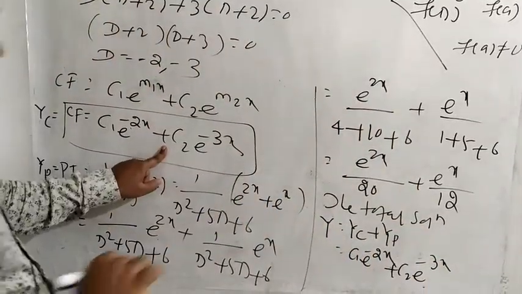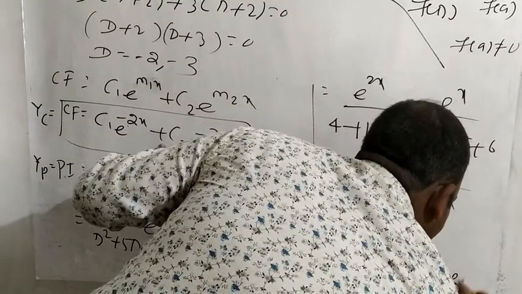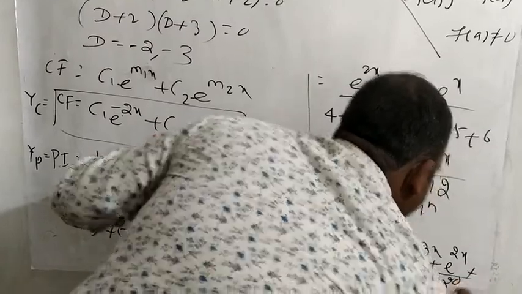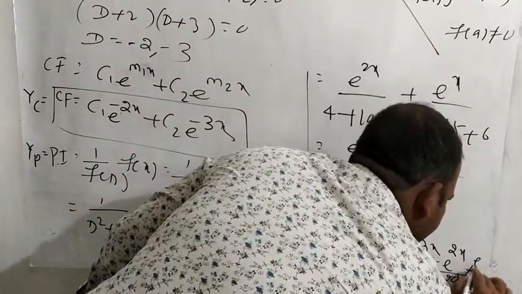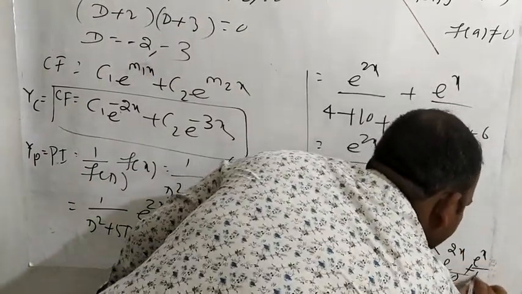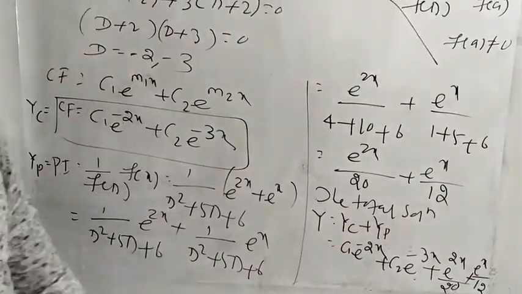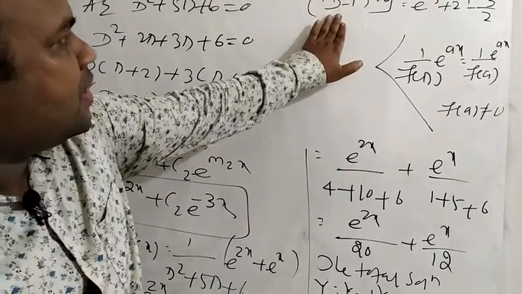And what is PI? e raised to 2x upon 20 plus e raised to x upon 12. So this is the total solution. Okay, now you will solve the next problem.